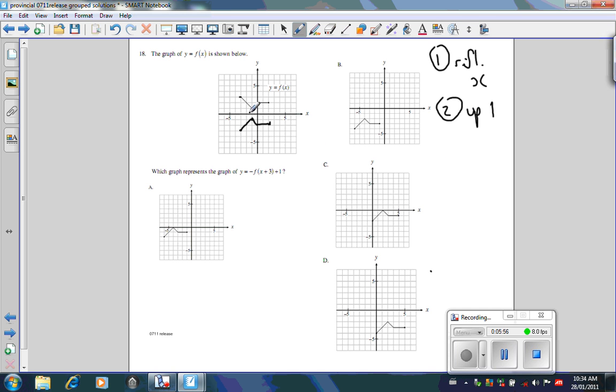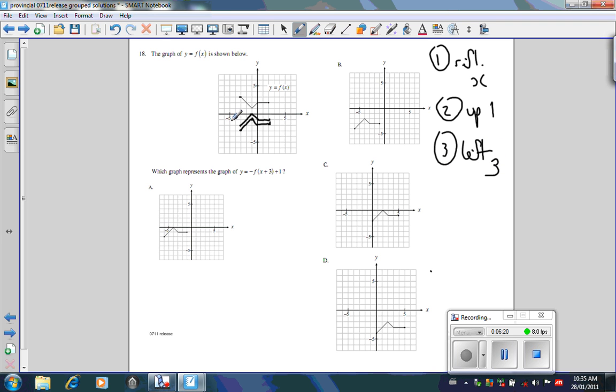My second transformation, as you recall, was up 1. And we can see that if I move this up 1, let me do it over on this graph over here. I'm going to move a bunch of discrete points up, and then connect them, like so. And my third transformation was left 3.